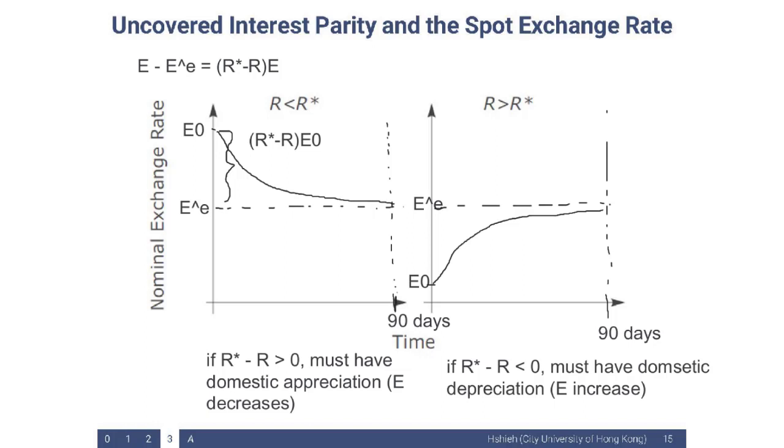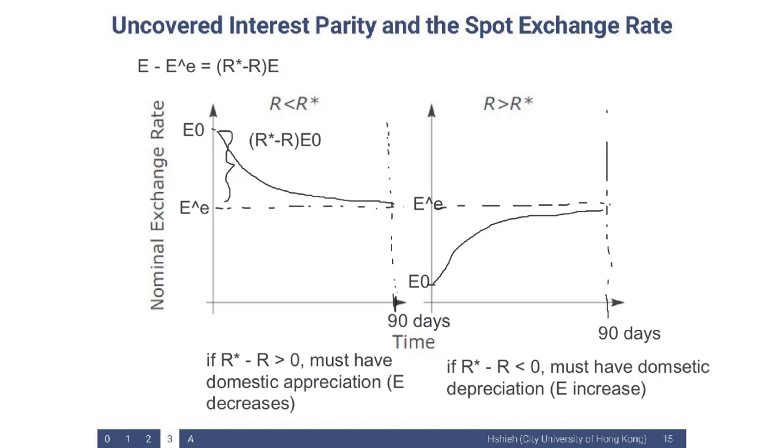All right, let's do the other direction. So again, let's anchor our expectations here. Just going to use the dashed line to represent that. E hat E again. But now we have interest rates going in the other direction. So if interest rates are going the other direction, that means this term is negative.